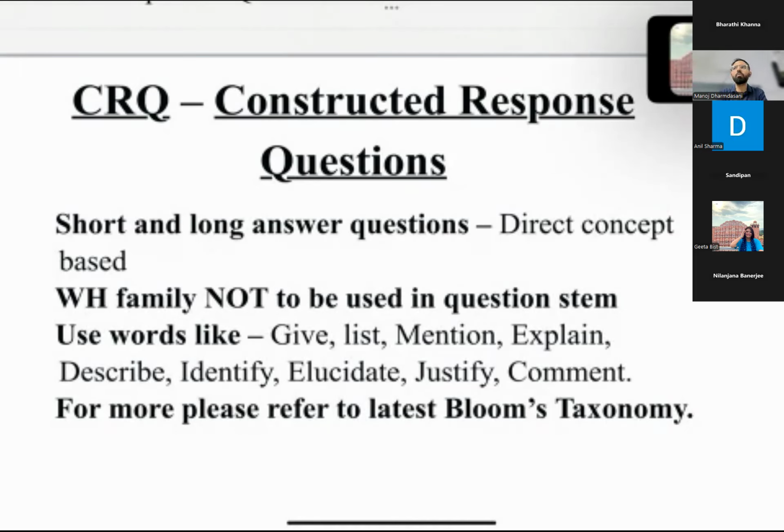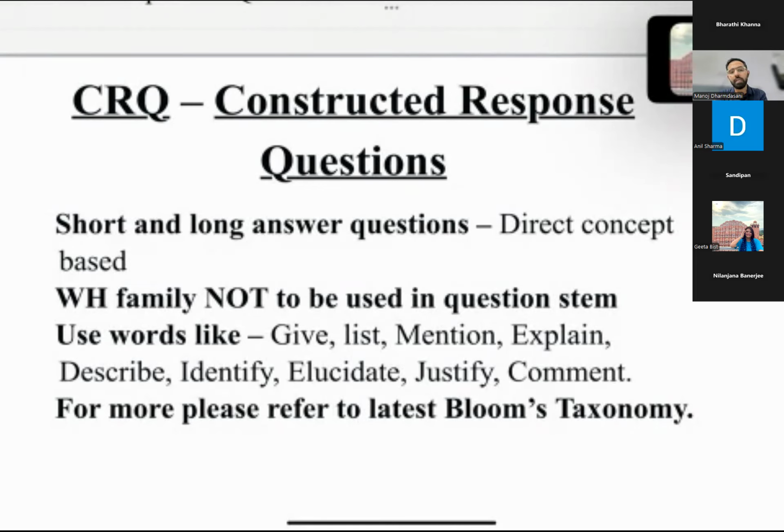Because CBSE does not want to continue the same pattern of creating question papers which has been used for so many years. With the implementation of NEP, CBSE wants to change the pattern and the criteria of the paper in the most innovative manner.